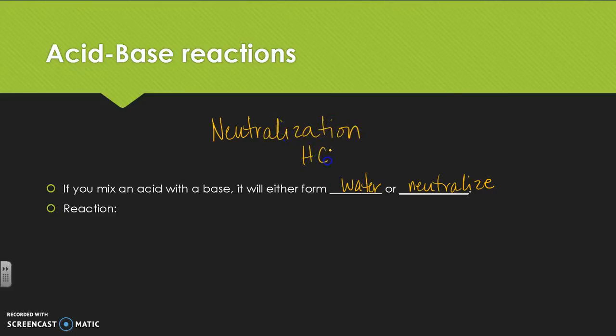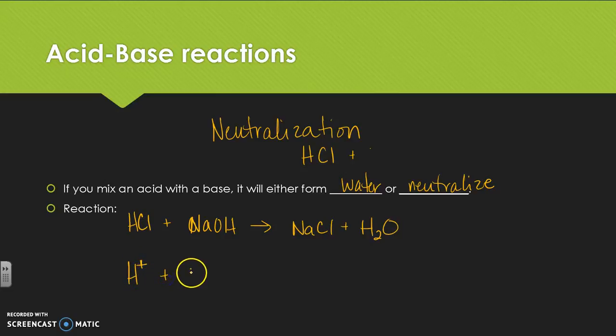Because an acid, HCl, with a base, let's say we have NaOH, is always going to produce a salt and water. So what happens is the hydrogen ion from your acid combines with the hydroxide ion from your base, and they're going to form water, or they're going to neutralize each other. That makes sense, right?